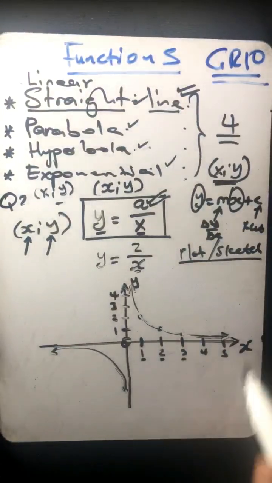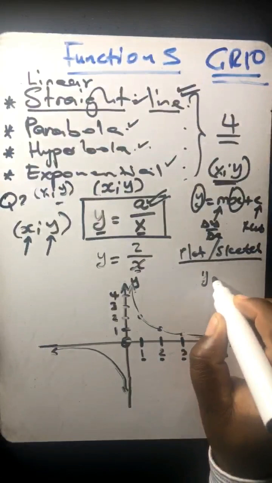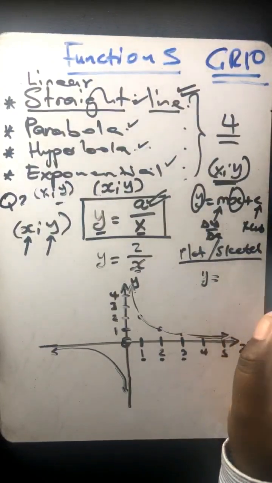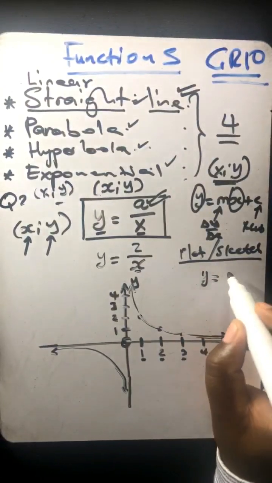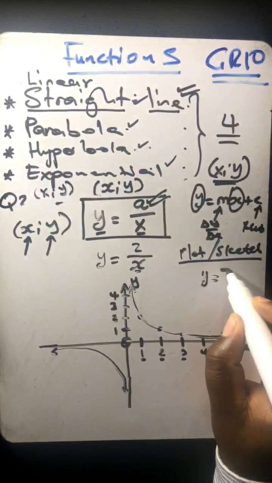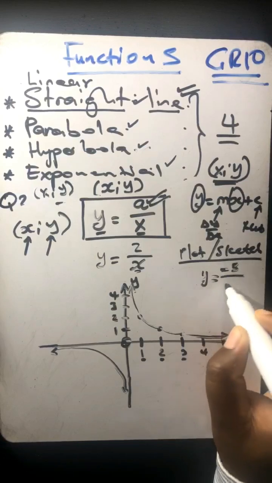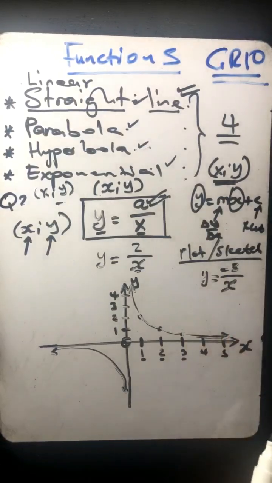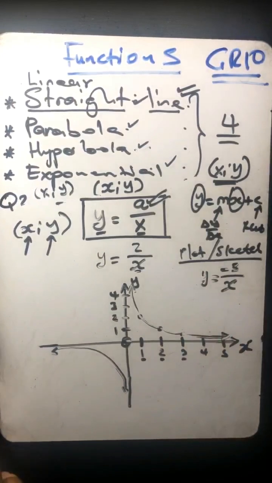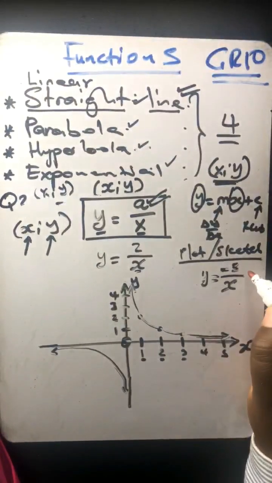Maybe quickly, let's try to plot or sketch this one: y equals negative, maybe let's say 3 over x. Let's try to sketch that one. What you should know is in which quadrant our function is going to be.